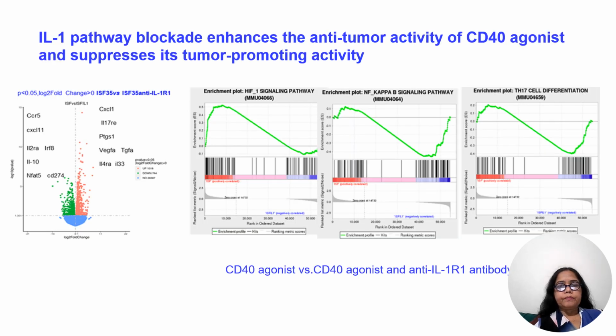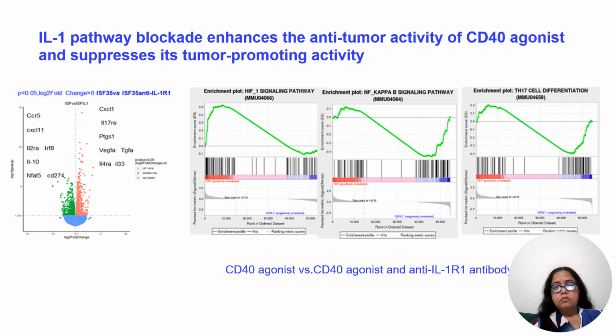We found that when we block interleukin-1 with CD40 agonist, the combination therapy downregulated many pathways like the HIF1 alpha signaling pathway, NF-kappa B signaling pathway, and also the Th17 signaling pathway.